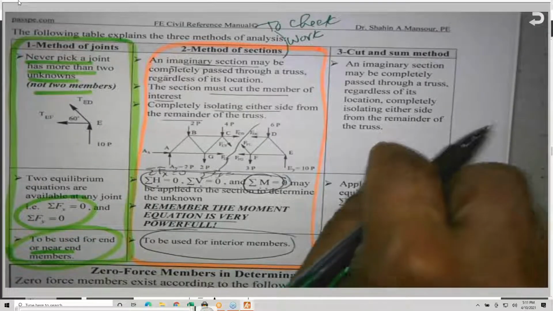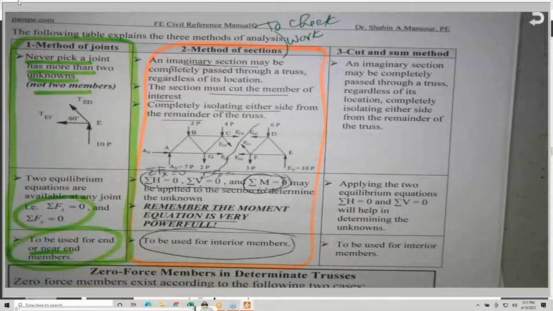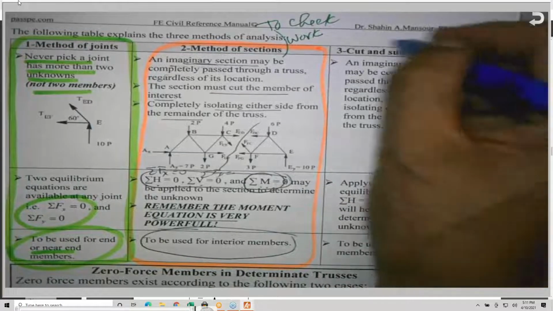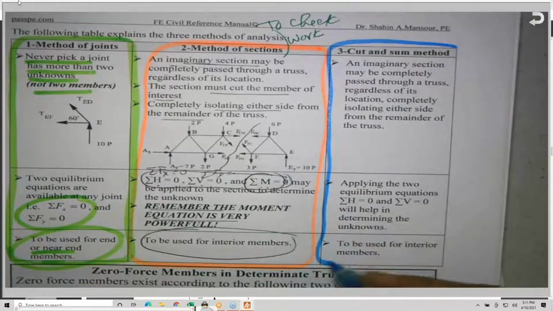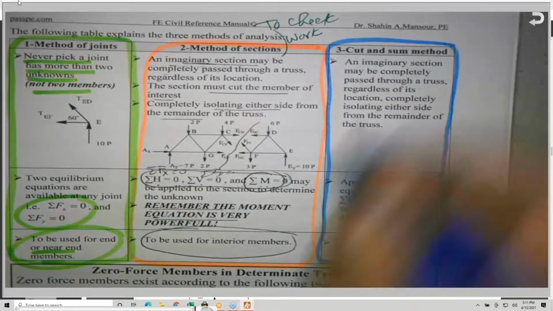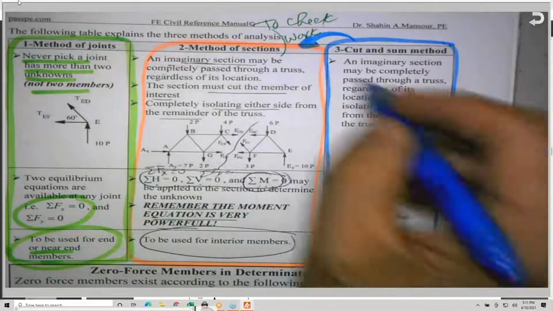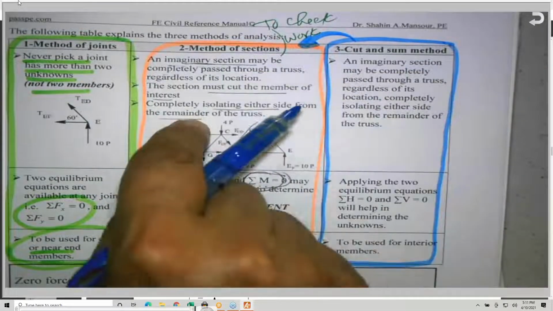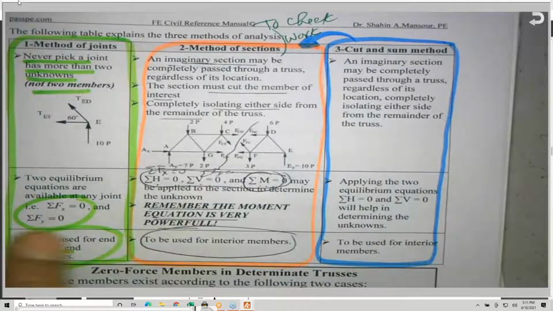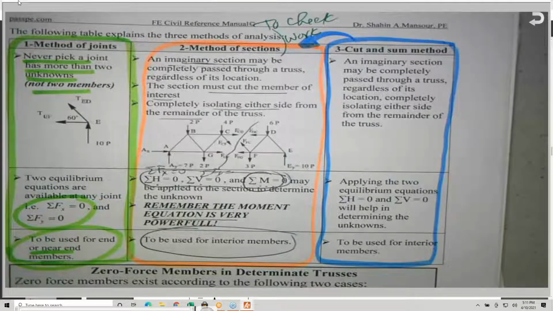The third method, which I told you is not mentioned in the NCEES, is called the cut and sum method. This blue box here. The cut and sum method came from here, but it is mentioned in the textbook, so I prefer that we use it.